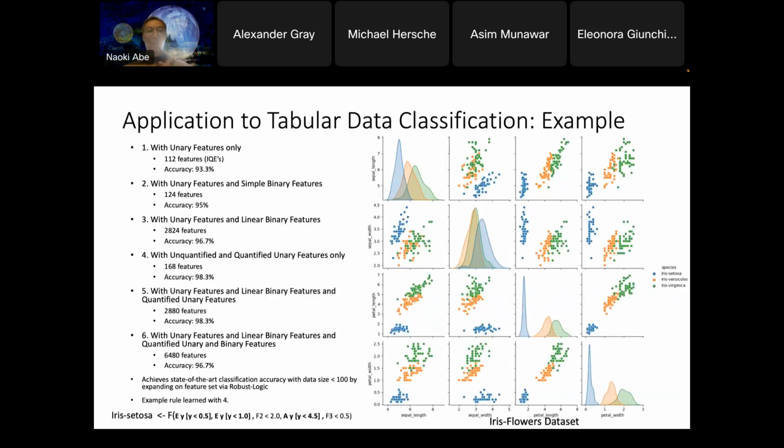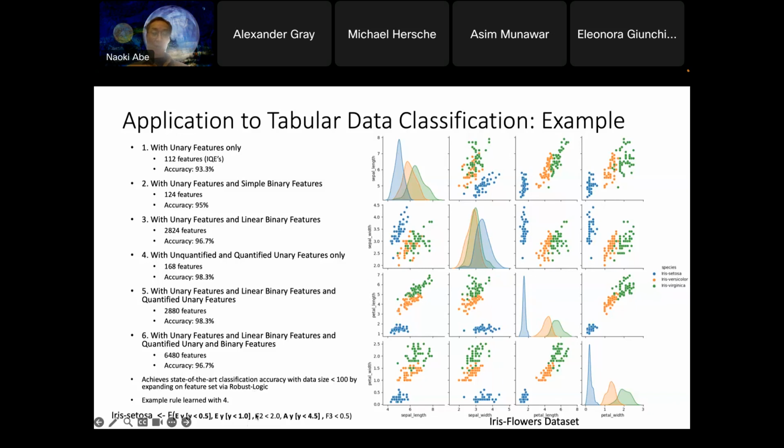So here's an example result of applying robust logic learning to this tabular data using these varieties of relations. If you have unary features only, this data with only 4 columns maps to something like 100 features, and you can obtain classification accuracy of 93%. But by using richer and richer relations, like binary features and quantified unary features and so forth, you can get up to 98% accuracy.